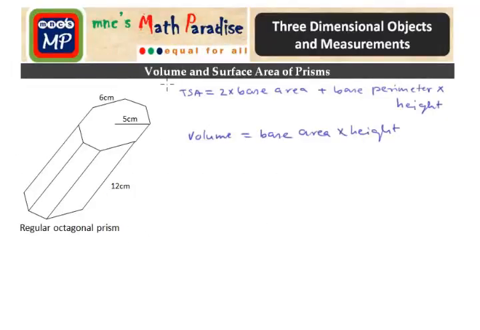Let us now find the volume and surface area of this regular octagonal prism. Here, if we count the number of arms, it will be 1, 2, 3, 4, 5, 6, 7, 8. So this is an octagonal prism and it's regular. Although due to this 3D drawing it does not look like it, all these arms are of equal length and they form a regular octagon.